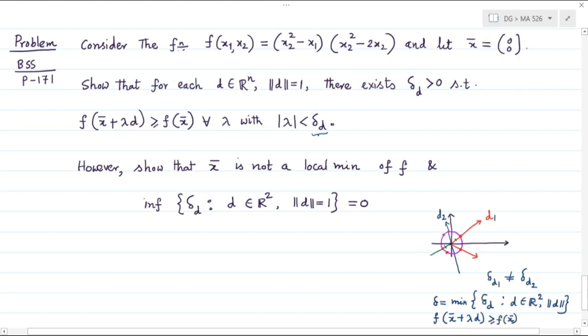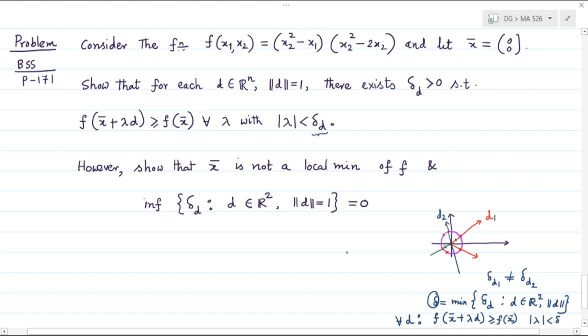This is going to happen for every possible d. This delta will work for every possible d. So for every possible d, you have this for all lambda with modulus of lambda less than delta, and that will essentially say that the point x bar is a local minimum. But that is not really the fact here. As this delta is 0, you are not able to find a delta which will work for every possible d. Okay.